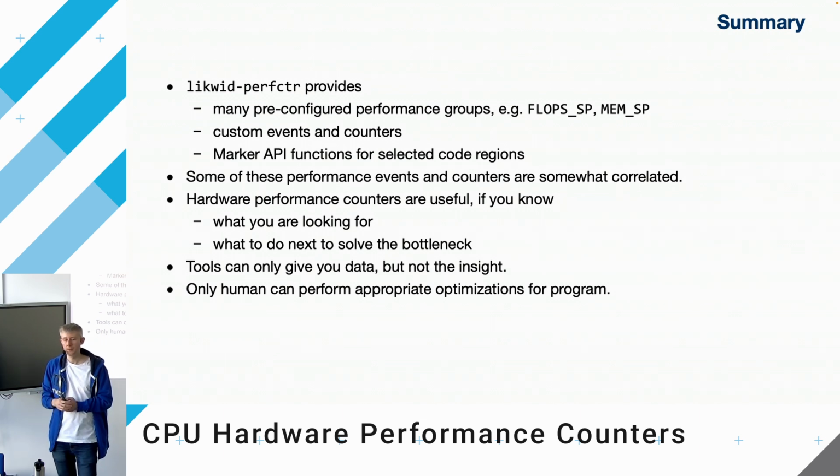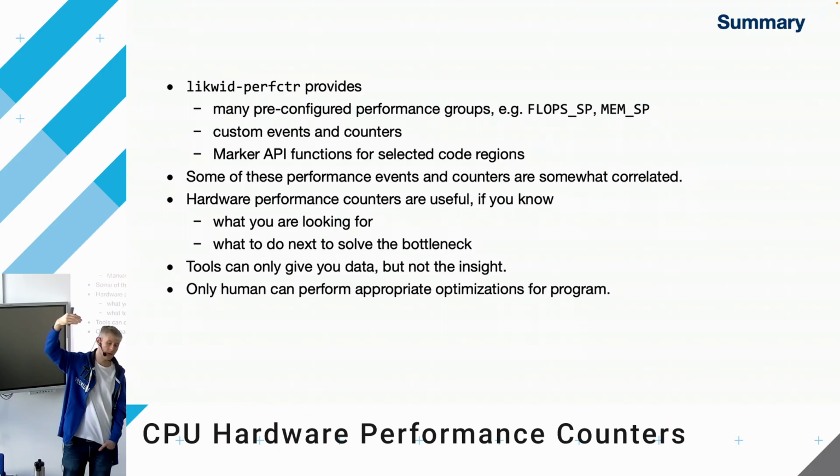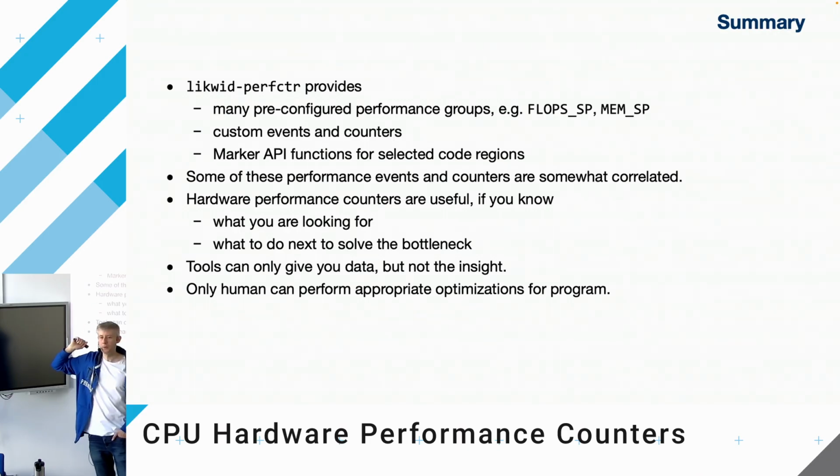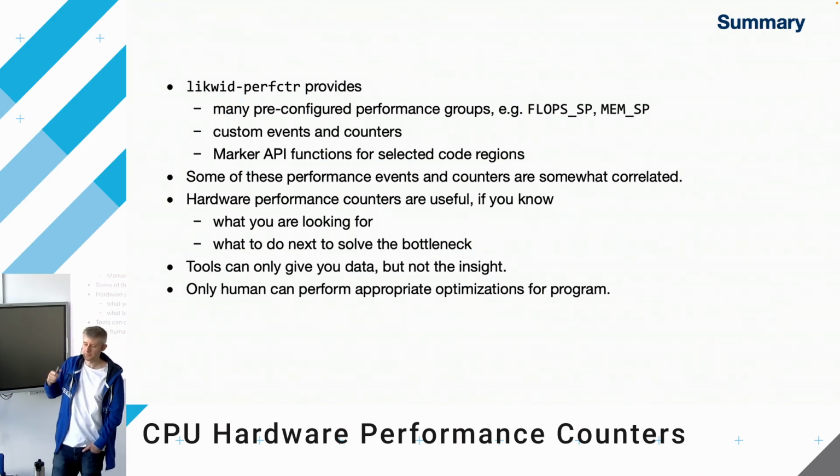Where is the performance not as good? For example, the cache wasn't used as well, or I did not execute as many floating point instructions as would be possible. Why is that? Where is the bottleneck during the execution of the program in the CPU pipeline?